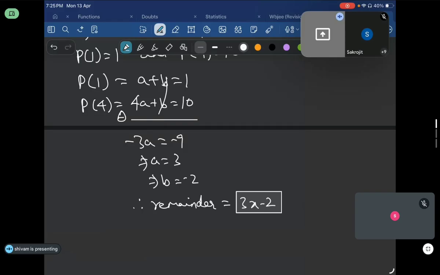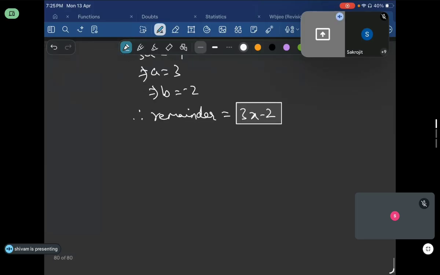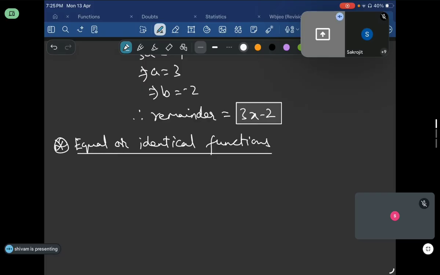Let us continue. Our next topic is equal or identical functions, everyone. Pay attention.